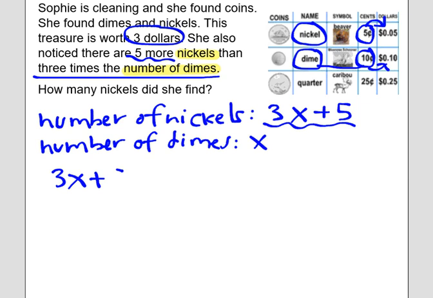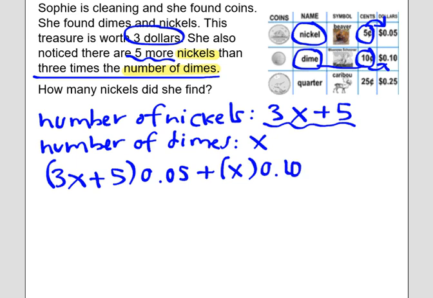So 3x plus 5, that's the number of nickels, and that is worth 5 cents. So let's multiply that by 5 cents. Plus, how many dimes do we have? We have x dimes, and that's worth 0.10. And if we put all of this together, it's going to give us $3.